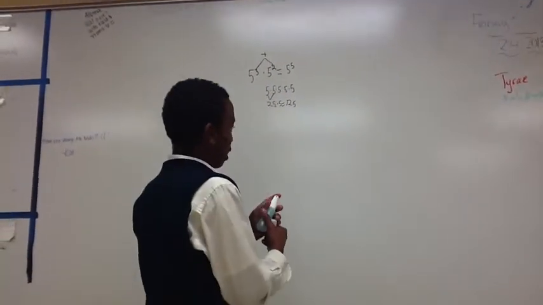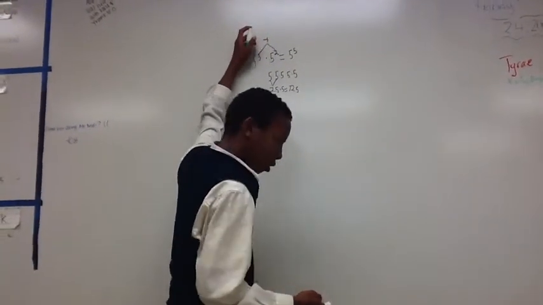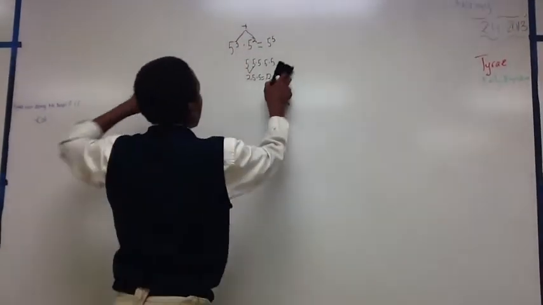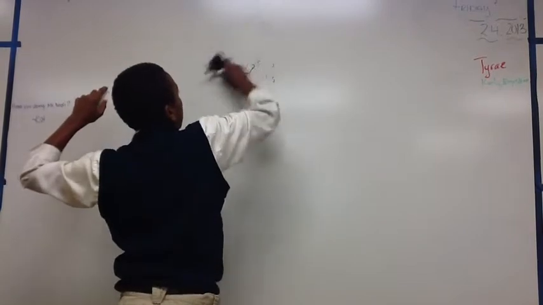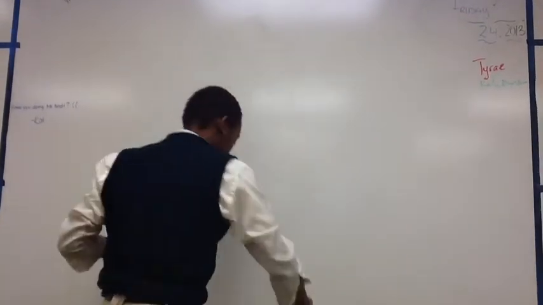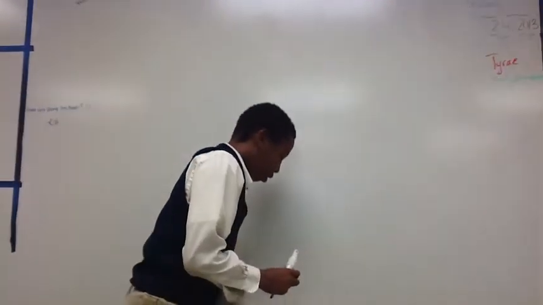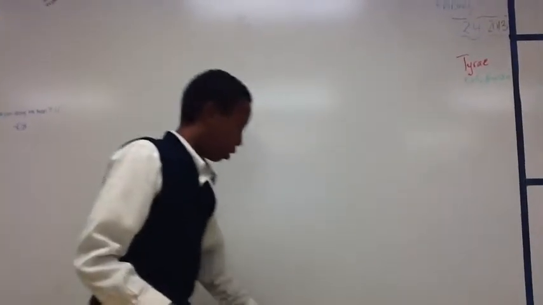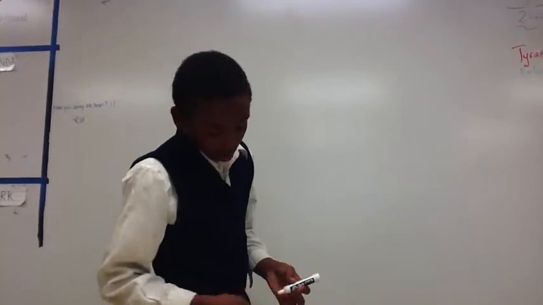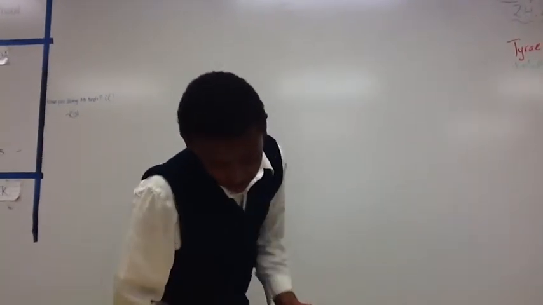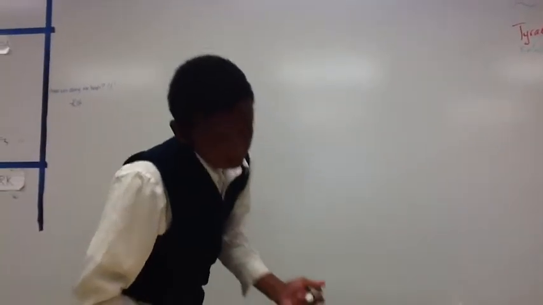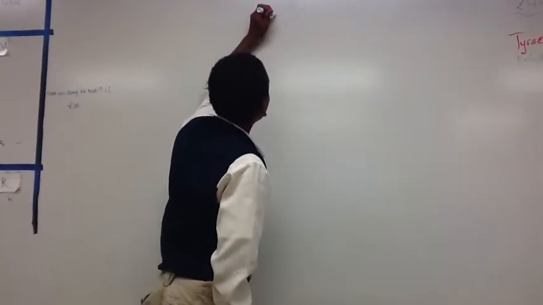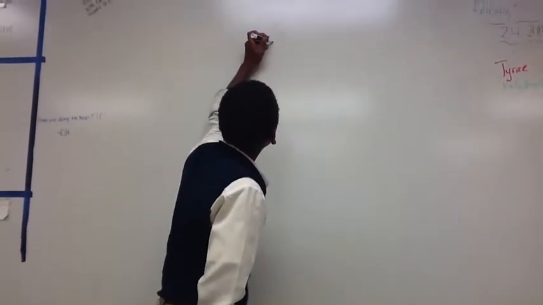I will show you another example. This time it will be a different operation. I will show you division. Now in the book it says 6 cubed over 6 squared.